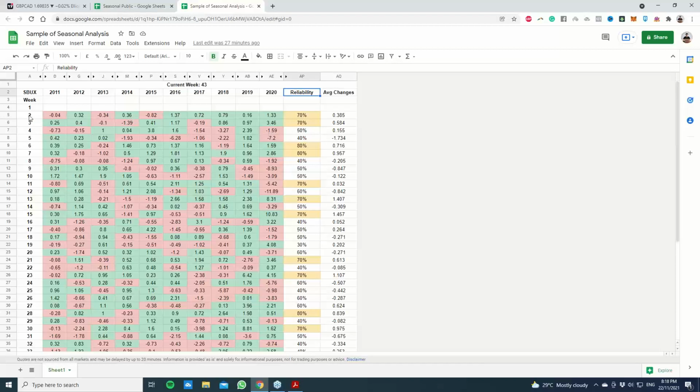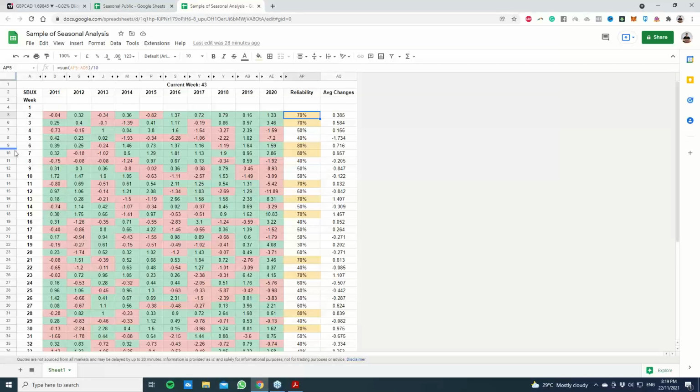If you take a look at week 2, between 2011 and 2020, there are only 3 times week 2 Starbucks closes in the red, and the other 7 years it closes positive. That gives me a 70% reliability. In other words, for the past 10 years, week 2 Starbucks has a 70% chance it rallied. So that's the idea of it, very straightforward.